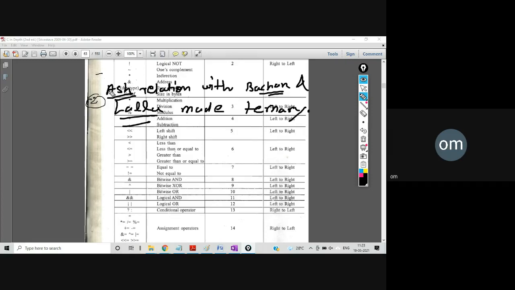So if you see here, with this Ash, remember this A and SH. So with A, I can write arithmetic operators.